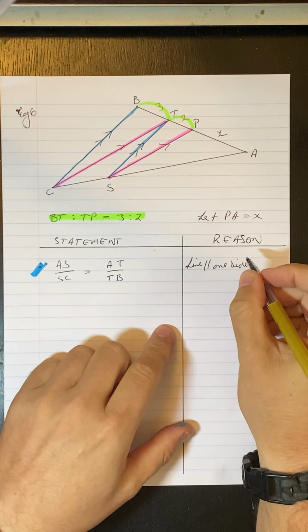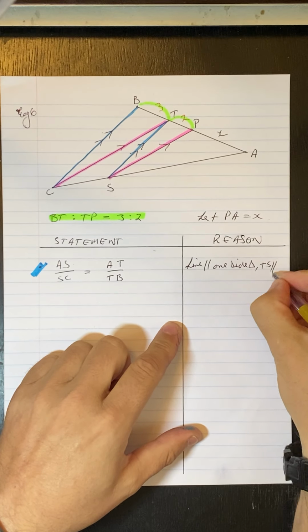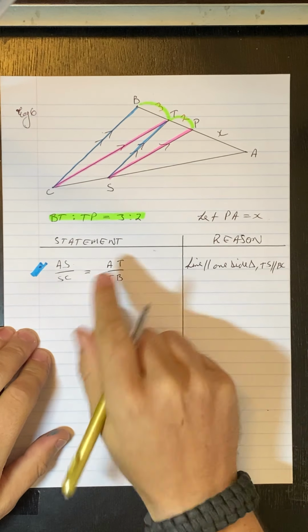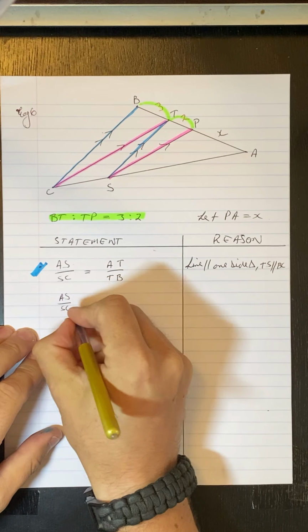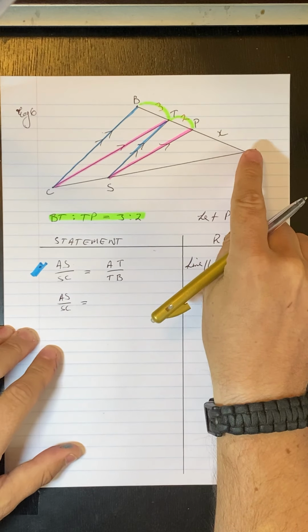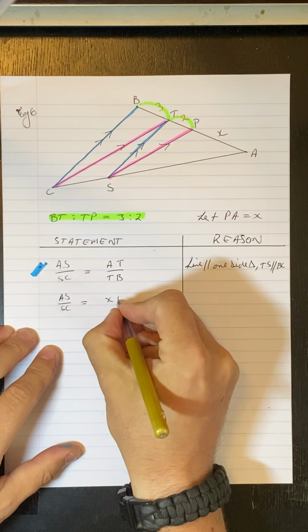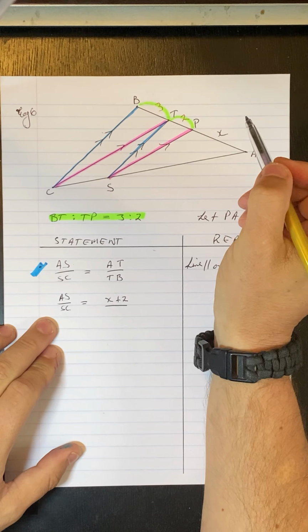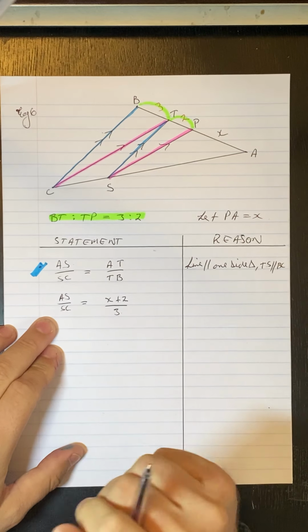And the parallel lines that I used were the blue ones. So we have TS parallel to BC. Okay. So I'm just going to fill in the information that we have here. So we have that AS to SC is equal to, now AT would be X plus 2, over TB would be 3. Okay, so we've got that one.